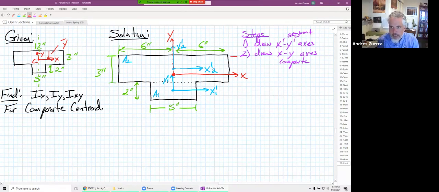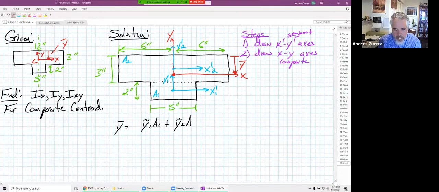So this distance over here is y bar. Well, remember to find y bar, you go back to our centroids of areas: y bar is equal to y tilde 1 times A1 plus y tilde 2 times A2, divided by A1 plus A2. And so this is just our weighted average equation.